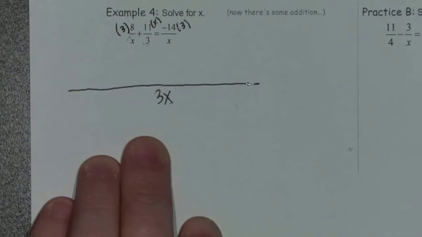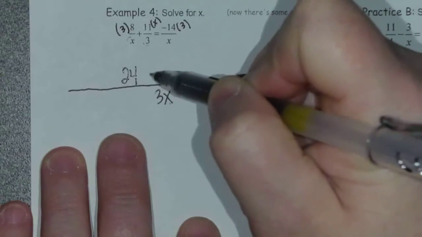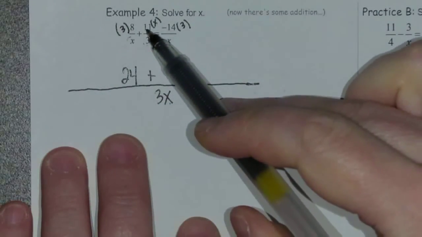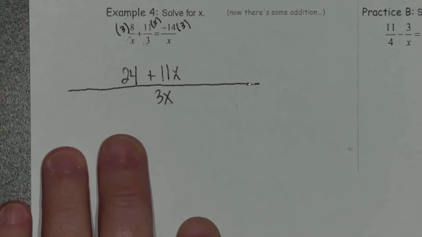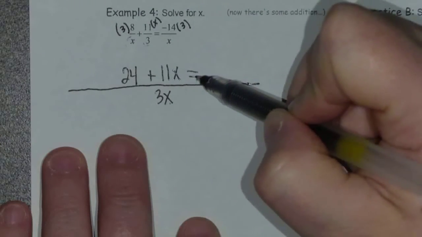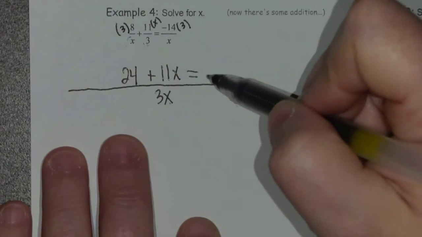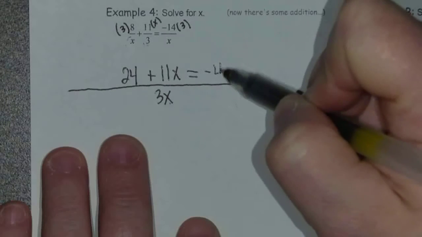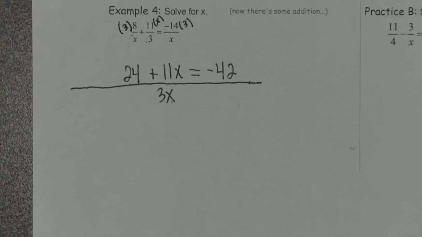So I'm going to multiply the tops by the numbers that I need to multiply by. 3 times 8 is, 11 times x is, yeah, and negative 14 times 3. We good with that?